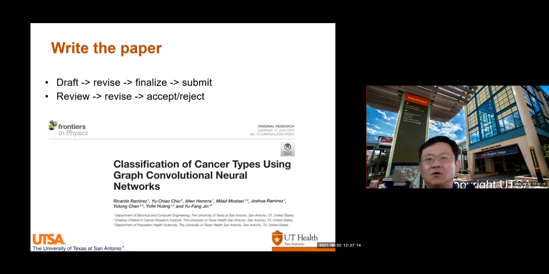Most likely in the second round of review, you will only hear your paper being either rejected or accepted. So if you're lucky enough, and if you carefully address the reviewer comments in the first round of review, most likely your paper will be accepted.